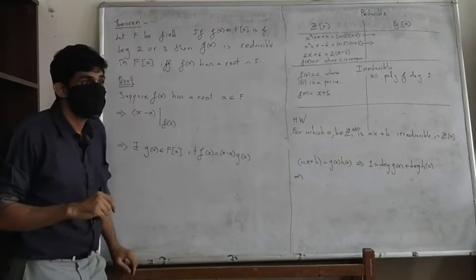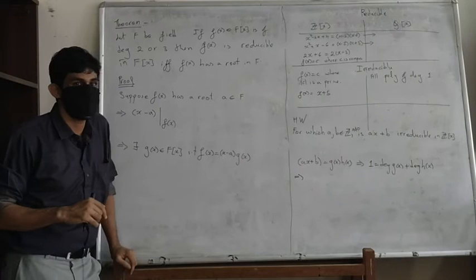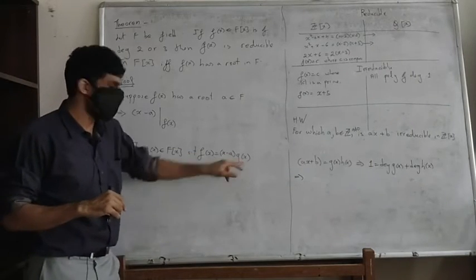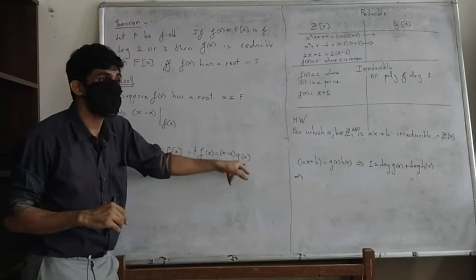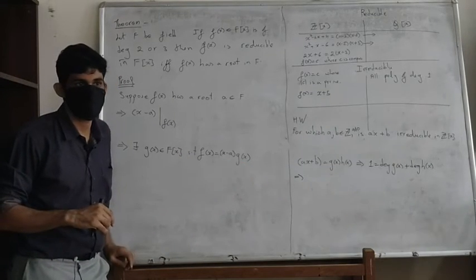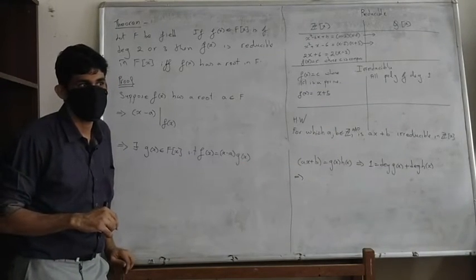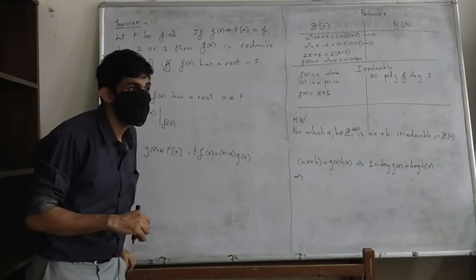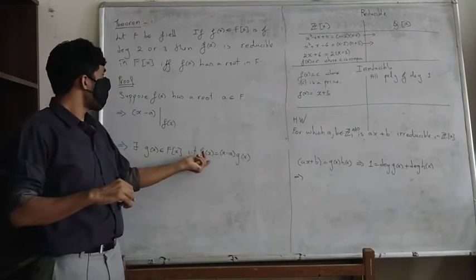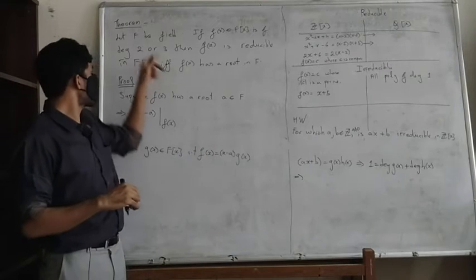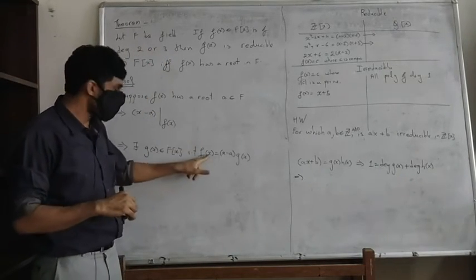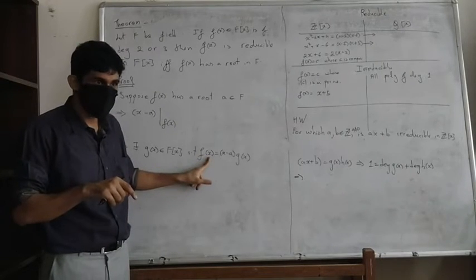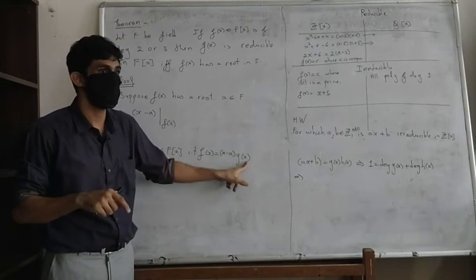Can you tell me why? Why is g not a unit? What is the degree of g? What is the degree of f? Either 2 or 3, right? If the degree of f is 2, then the degree of g is 1.